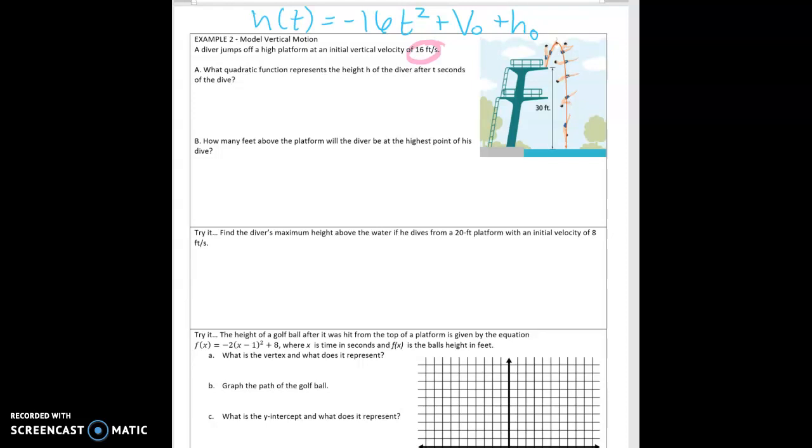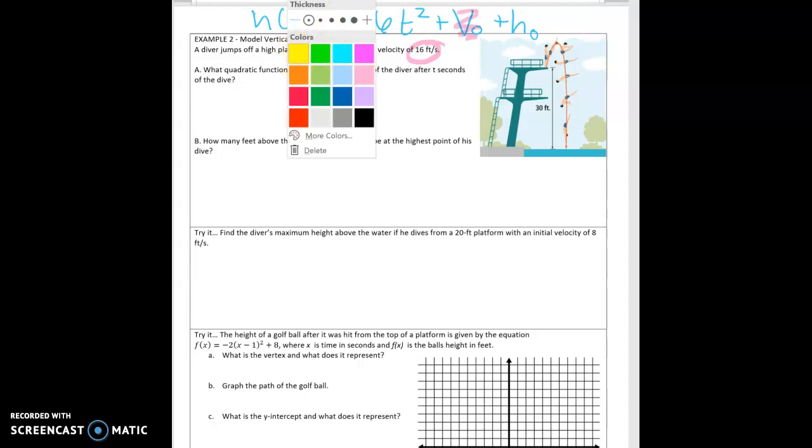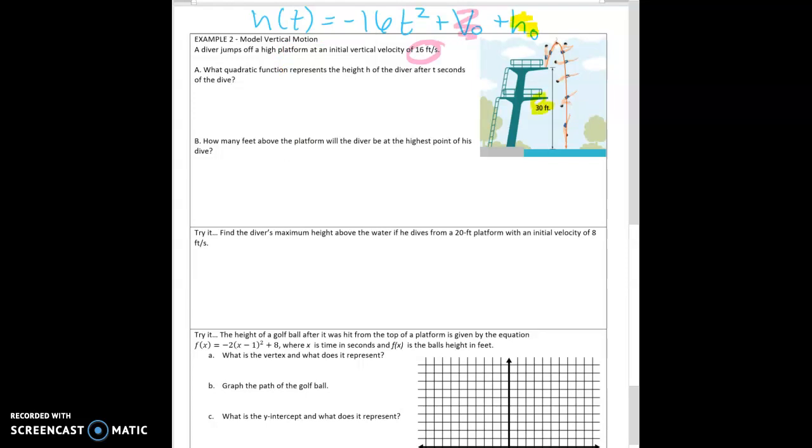Okay, so when we're looking at this problem, our vertical velocity we said is 16, and then our initial height is shown in this picture by the 30. So we're going to go ahead and plug that in.